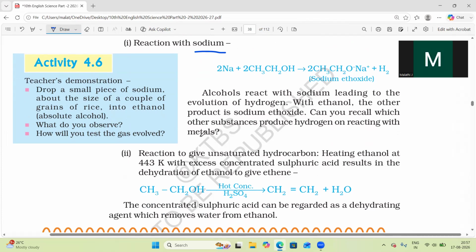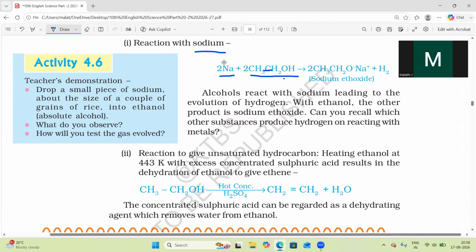We will see both reactions. First, the reaction with a metal, that is sodium. Here we are taking the metal sodium. Here it is ethanol. If you observe, CH3, a carbon with a single bond, and the OH group will be present. That is ethanol.